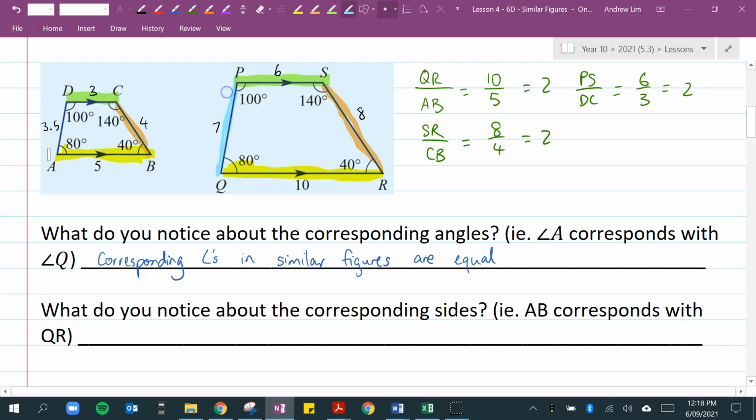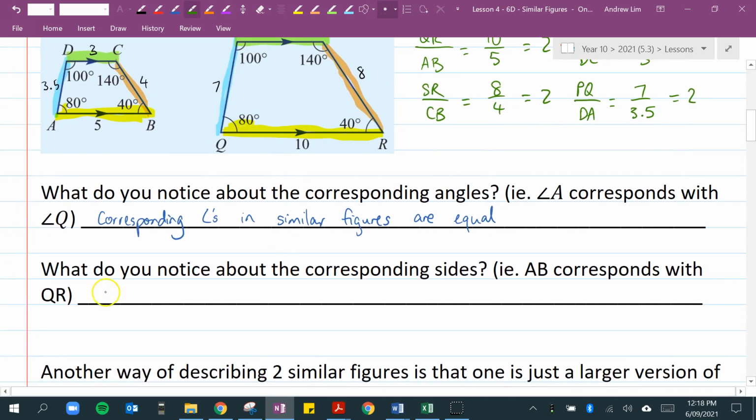What about this last one? If we were to take PQ divided by DA, that's 7 over 3.5. 7 divided by 3.5 is also 2. So what do we notice about the corresponding sides? Well, corresponding sides in similar figures will have the same ratio.